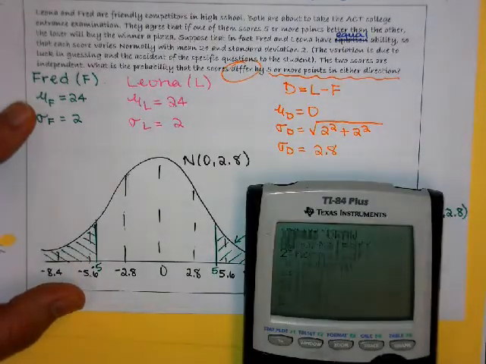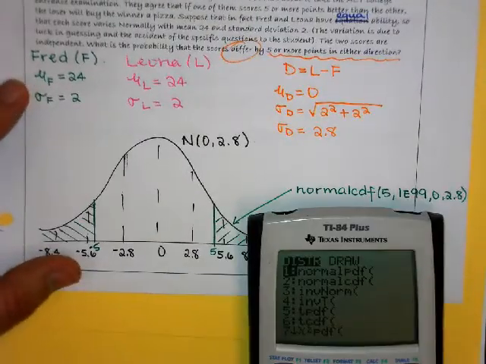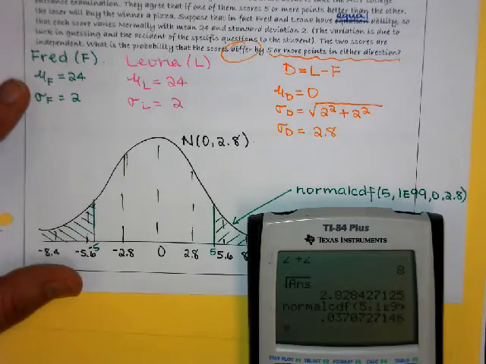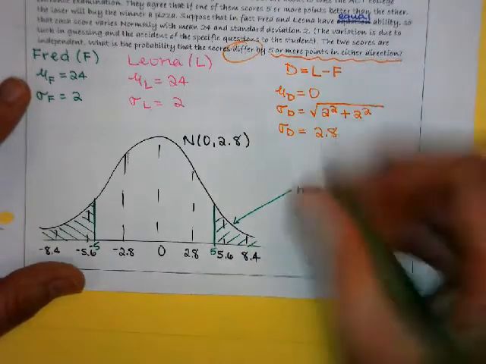So I get 0.0371 when I round. So that area is 0.0371. The symmetry of the curve tells me this area is also 0.0371.